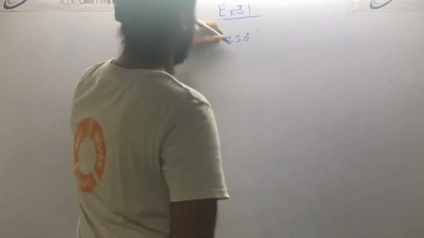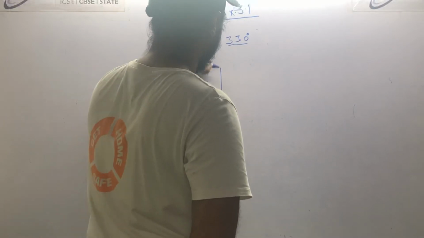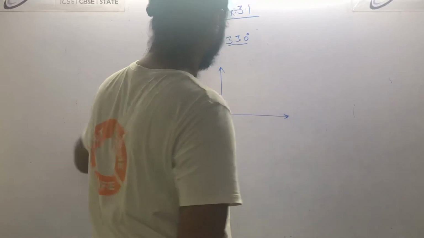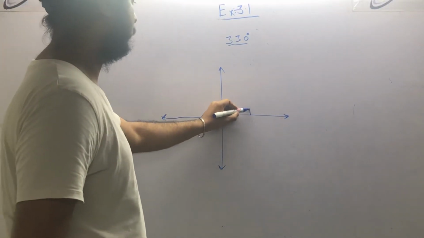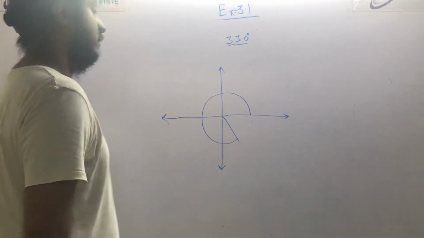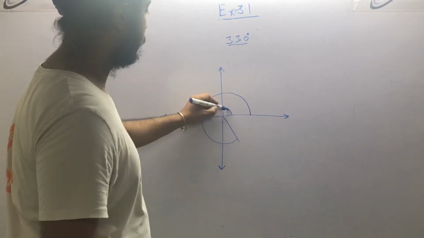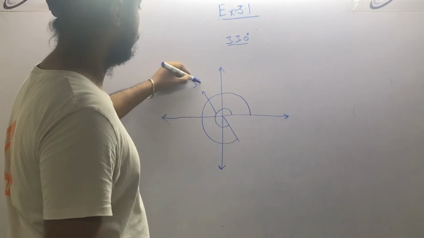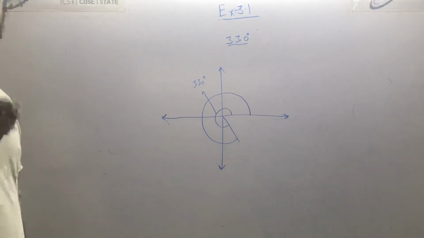So 330 degrees will look something like this. The unit circle I showed you already before. This is a unit circle here. Now this angle is 330 degrees. First thing you have to make is a reference angle.